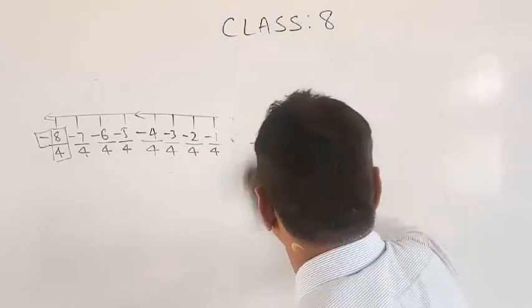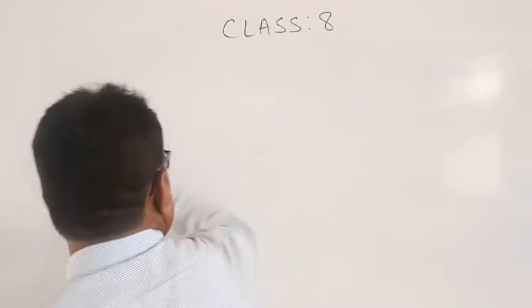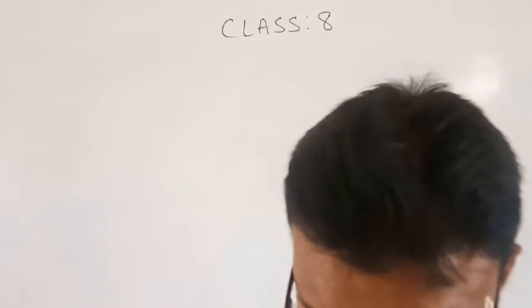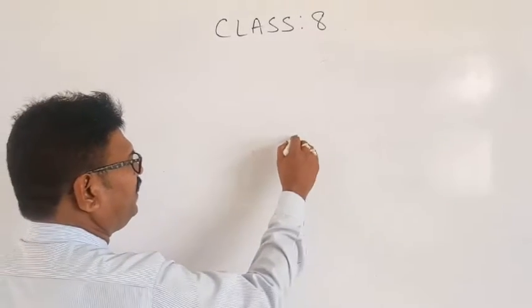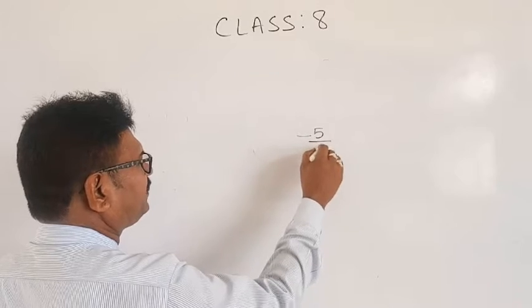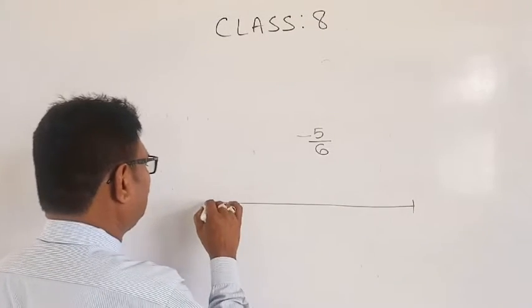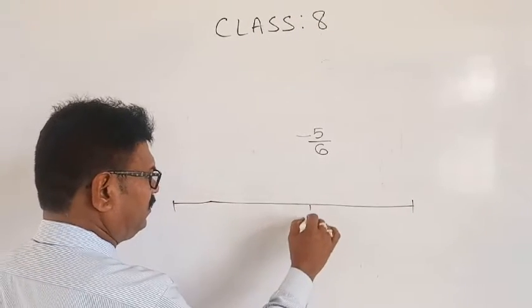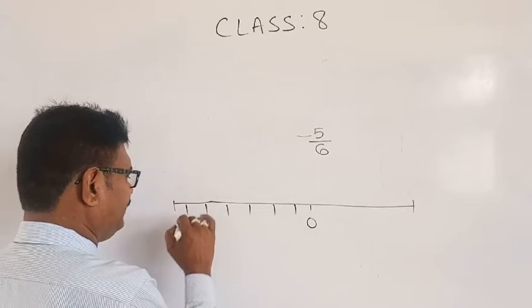One more, very simple problem. Minus 5 by 6. We have to locate minus 5 by 6. So very simple. 0, 1, 2, 3, 4, 5, 6.